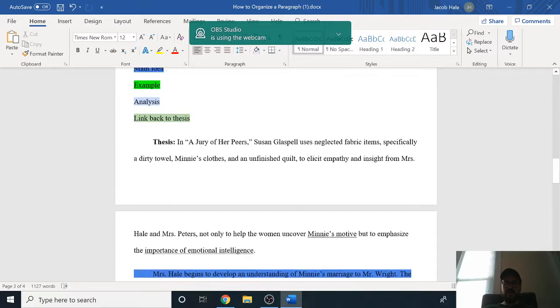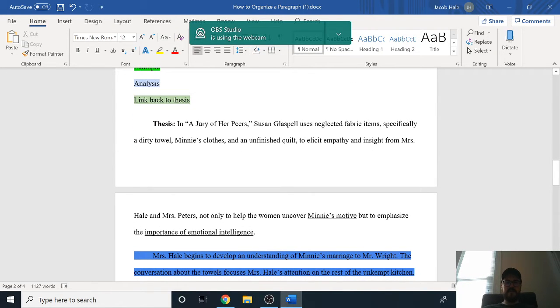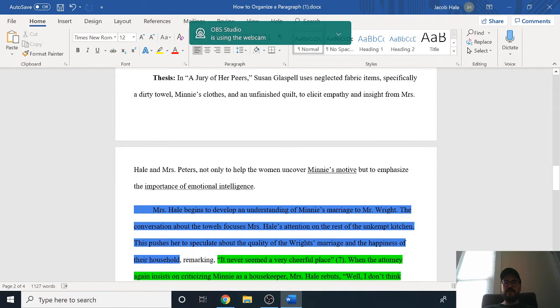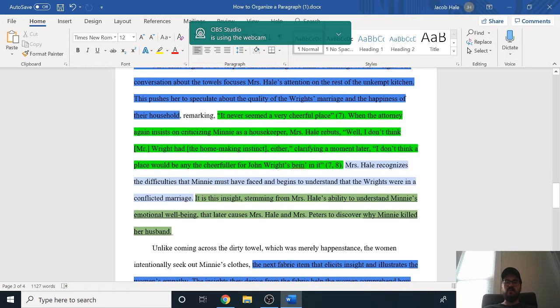So some important things here. In the thesis, they mention fabric items. They mention empathy, so being able to understand someone else's life and their experience. And they also mention uncovering why this woman Minnie killed her husband, and also the importance of emotional intelligence. So then if we look at the end of this paragraph, we'll notice that the writer is repeating some of those things.